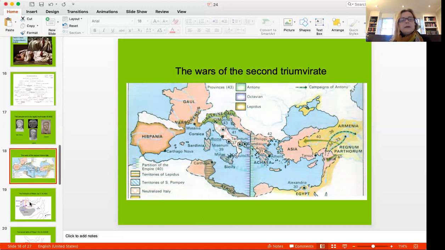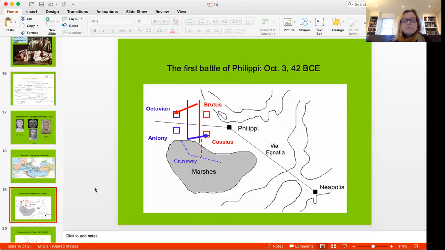The first battle in early October at Philippi, we see two of the triumvirs, Octavian and Antony, facing off Brutus and Cassius. And we can also see that, in fact, in this battle, Antony was much more successful against Cassius, who lost and had to flee, versus Brutus was more successful against Octavian. Antony, of course, was an incredibly experienced soldier and military commander.